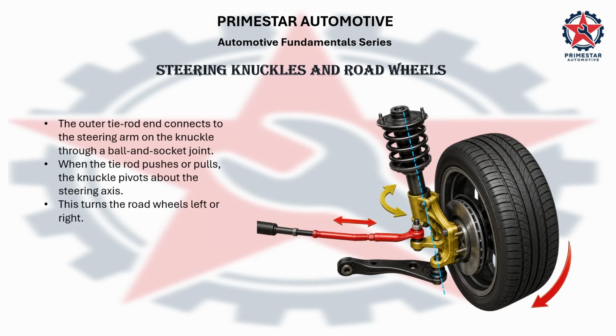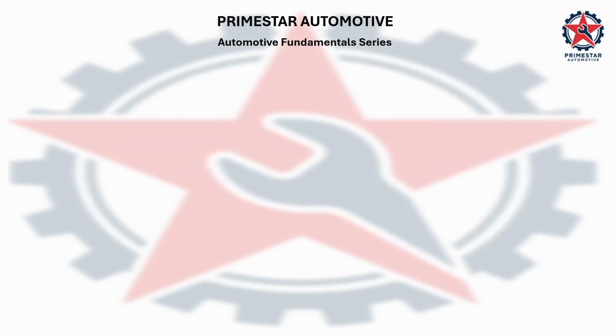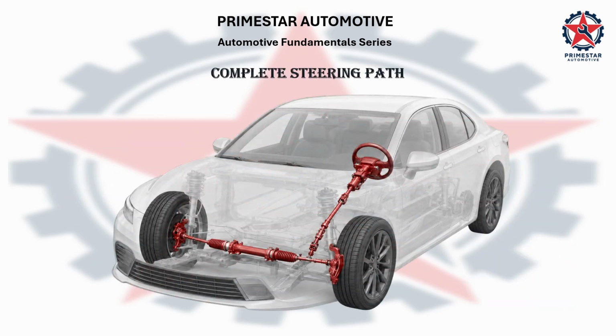The outer tie rod end connects to the steering arm on the knuckle through a ball and socket joint. When the tie rod pushes or pulls, the knuckle pivots around the steering axis and turns the road wheels. And that completes the steering path, which starts from the steering wheel, column shaft, steering gear, tie rods, steering knuckles, and road wheels.